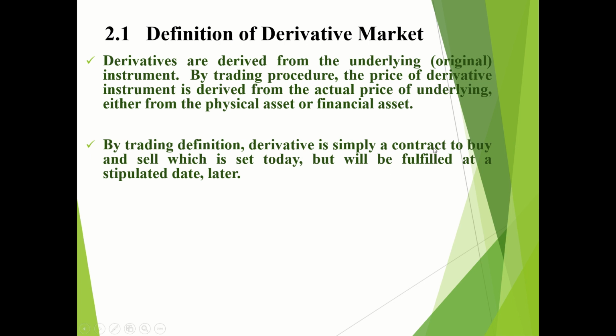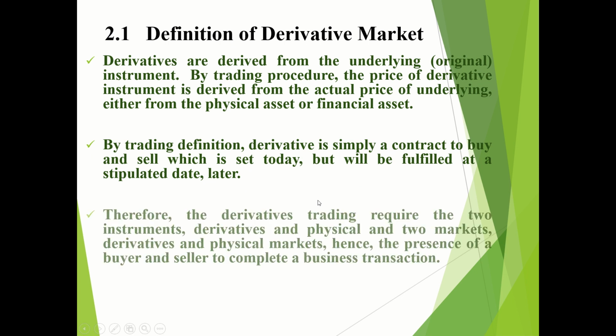It is simply a contract. What is written in the contract? An agreement stating either you will buy or you will sell a specified security. The contract is set today, but the fulfillment of the contract will be stipulated at a later date. Therefore, derivative trading requires two types of instrument.